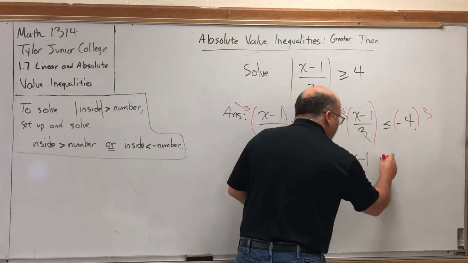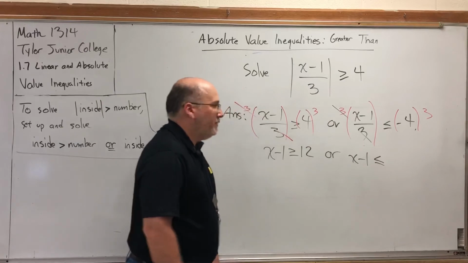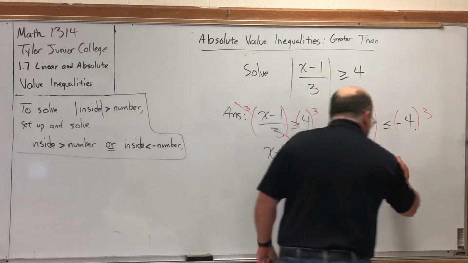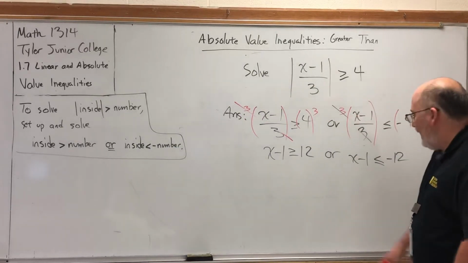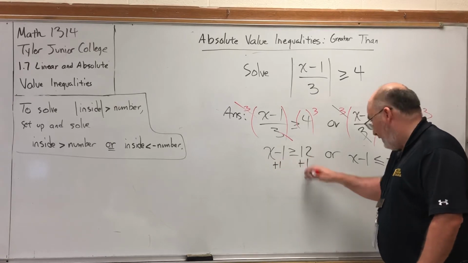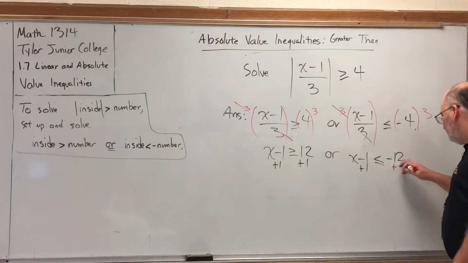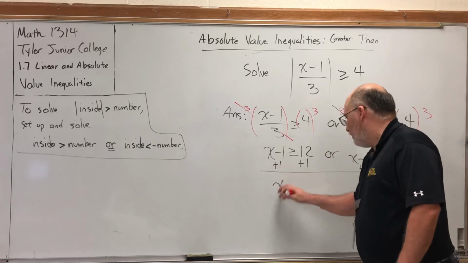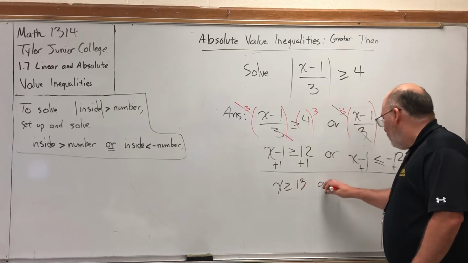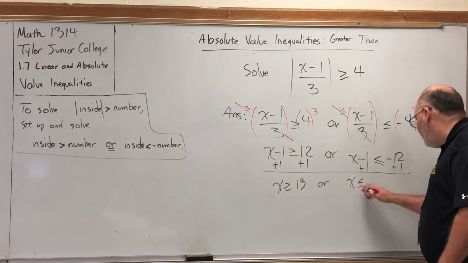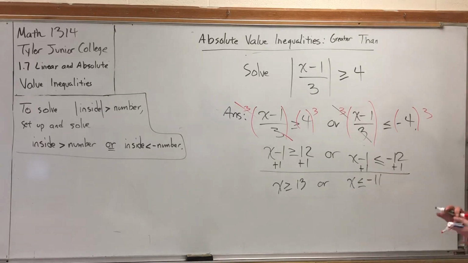X minus 1 less than or equal to negative 4 times 3 is negative 12. Add 1 to both sides, and add 1 to both sides. We get x is greater than or equal to 13, or x is less than or equal to negative 11.